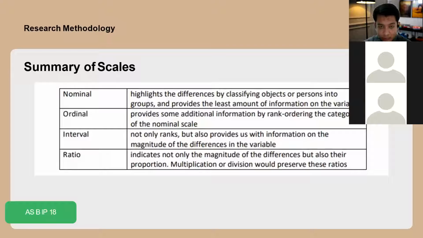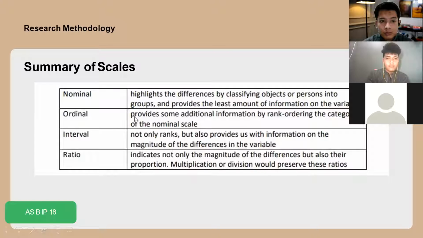Now is the summary of scales. The nominal scale highlights the differences by classifying objects or persons into groups and provides the least amount of information on the variable. Ordinal provides some additional information by rank ordering the categories of the nominal scale.